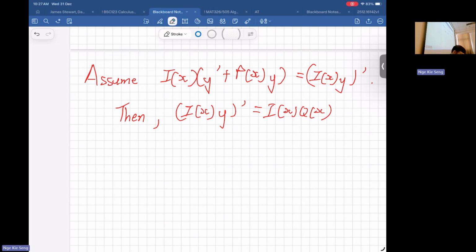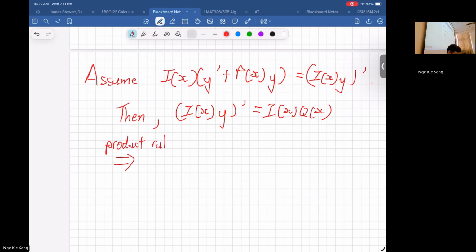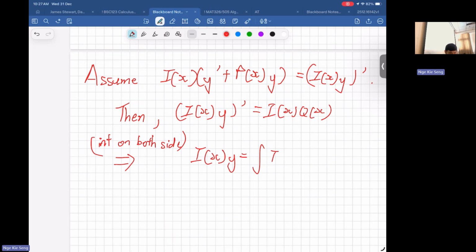Then from here we can solve by integrating both sides. Then we get I(x) y equals the integral of I(x) Q(x) dx plus c. So this is the final answer we got just now.